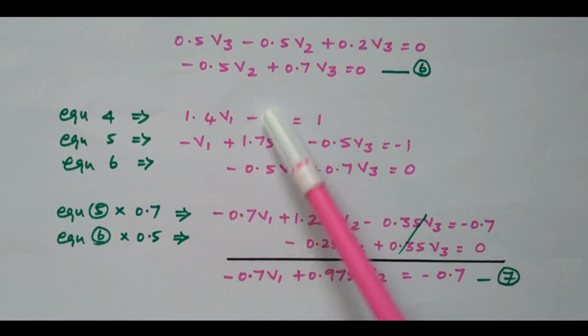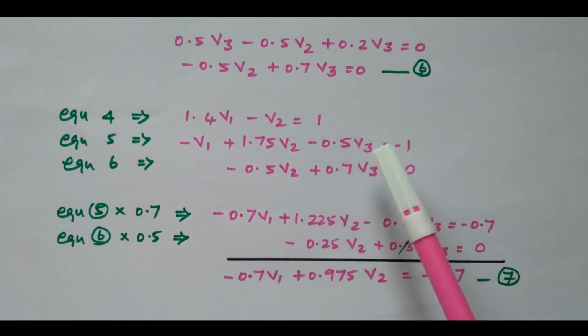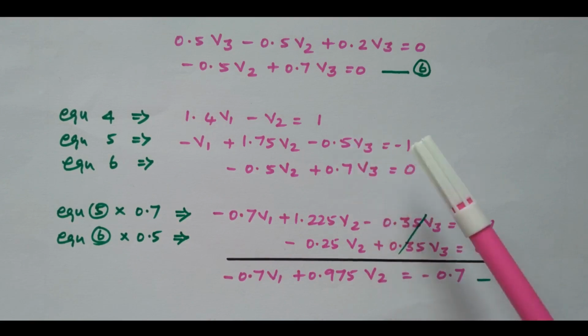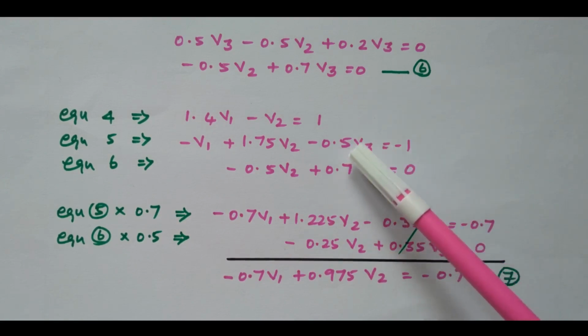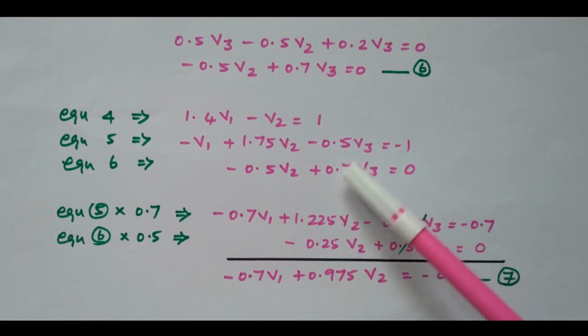By solving these equations, we are able to find the voltages V1, V2 and V3. Now consider equations 5 and 6. In these we are going to eliminate the term V3. From equations 5 and 6 we can eliminate V3. Here the coefficient 0.5 is available, and here 0.7 is available. So you have to multiply in reverse order.